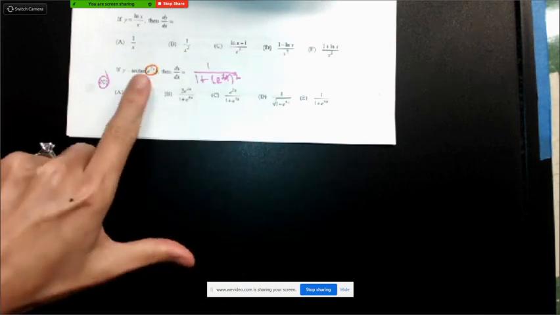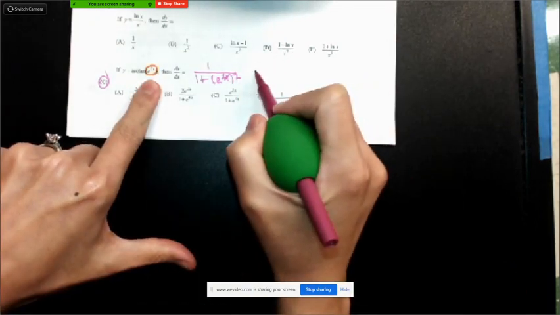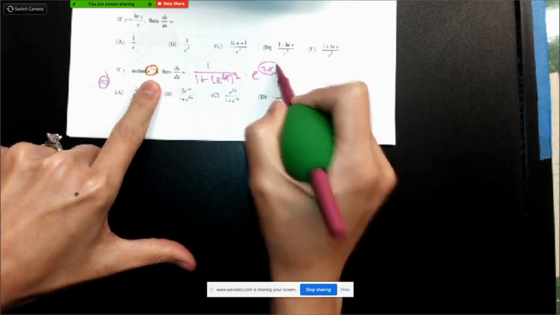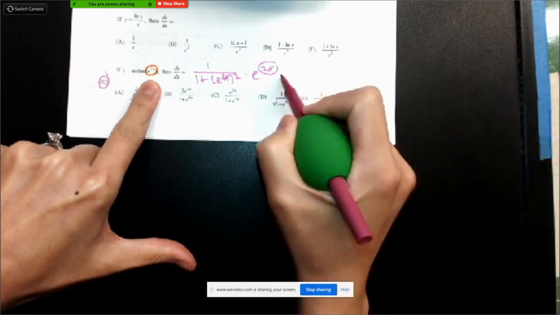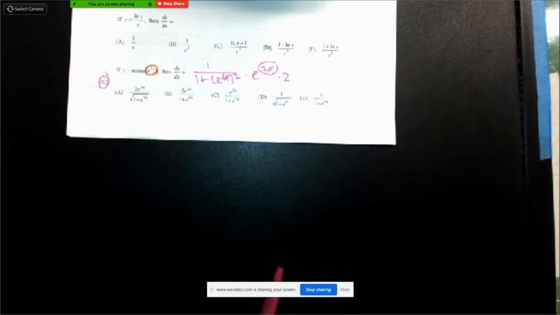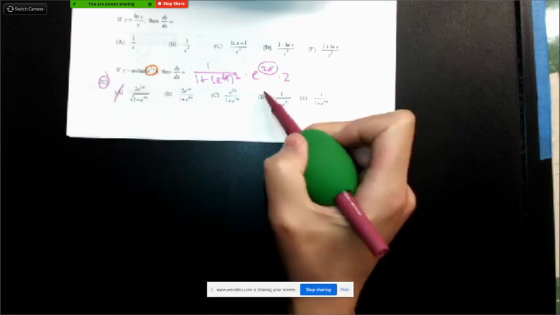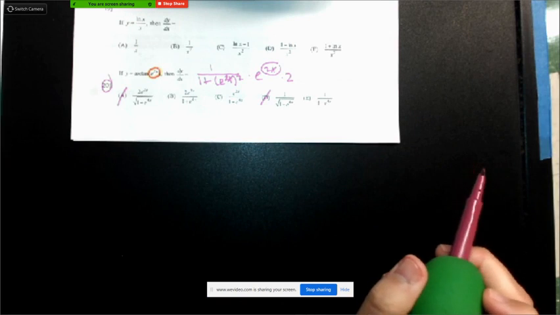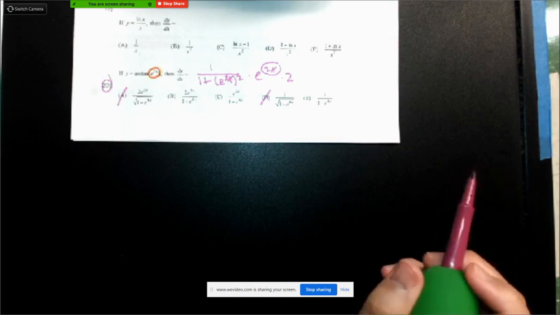So the derivative of e to the power of 2x is simply e to the 2x, and then you derive the exponent. What is the derivative of that exponent? 2. And just by looking at this, I know we can eliminate a and d. That looks like the derivative of arcsine. So which is the best answer looking at what we have so far? B it is.